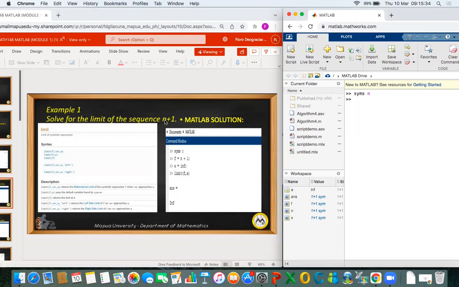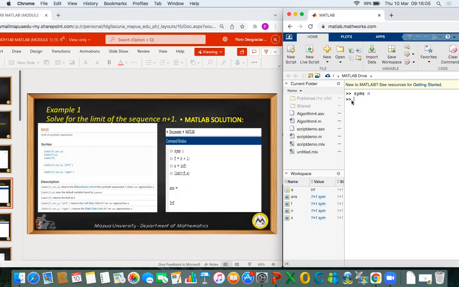If you see another variable, let's say k, you type k here. Let's say you have a variable x, so you type here x. syms x, syms k. You have to declare that, class. Why? Because if you will not declare it, MATLAB will not push through with its computation. It will give you a syntax error.